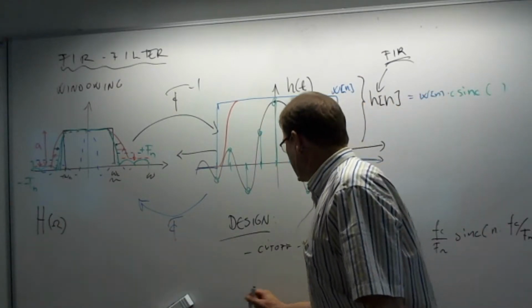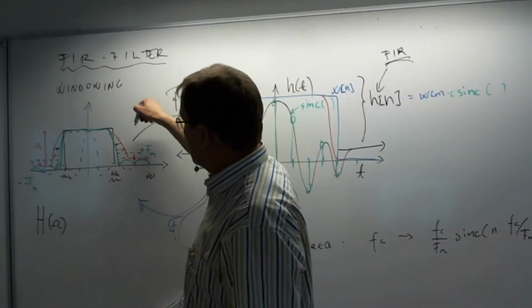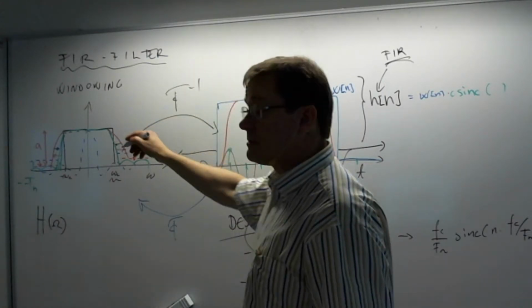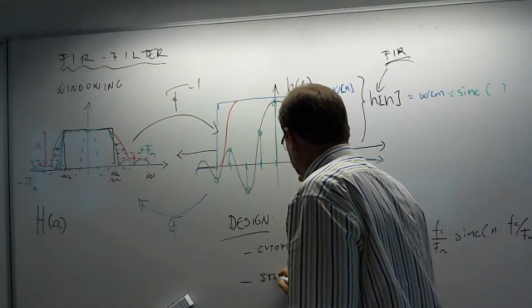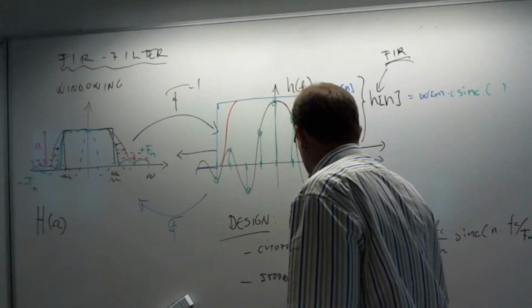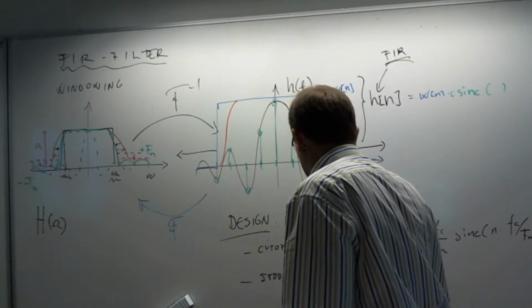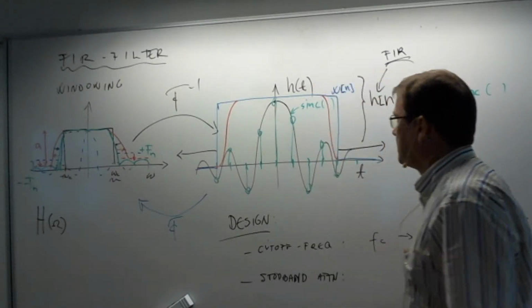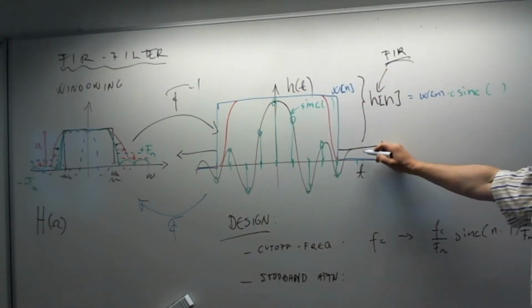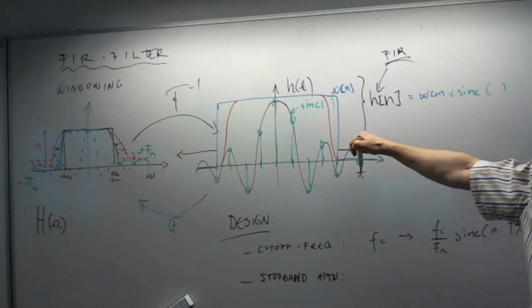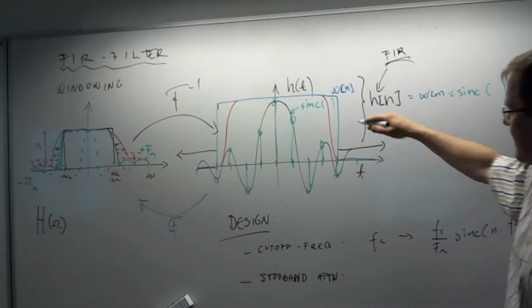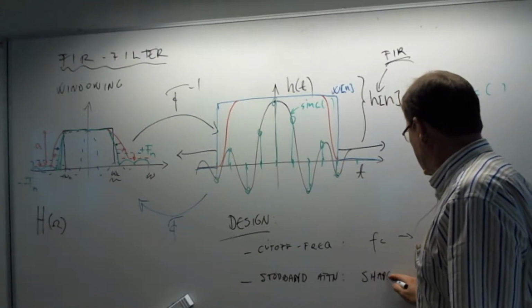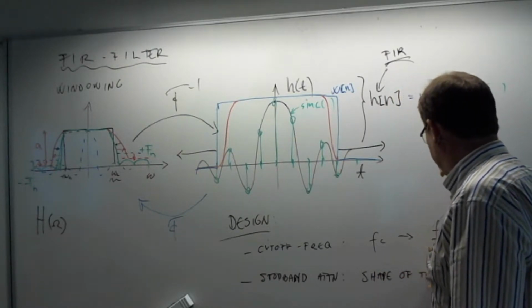Okay, the second parameter is how much stop band attenuation you need. And that comes from the shape of the window.